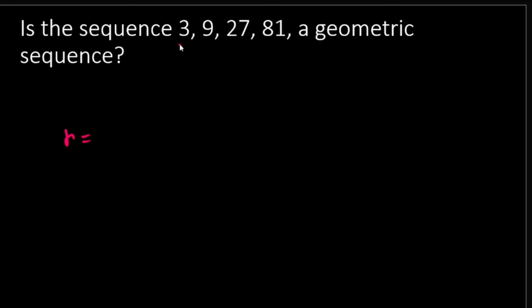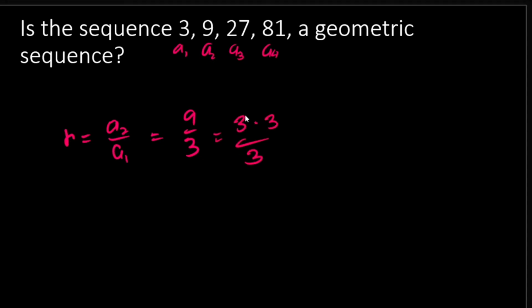In this sequence, this is our a sub 1, a sub 2, a sub 3, a sub 4. So if I take a sub 2 divided by the preceding term, a sub 1, plugging in the values, we have 9 over 3. And we know 9 is equal to 3 times 3. We can cancel out 3, and the answer is 3.